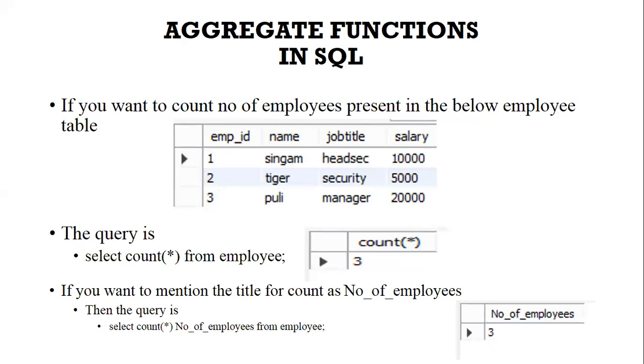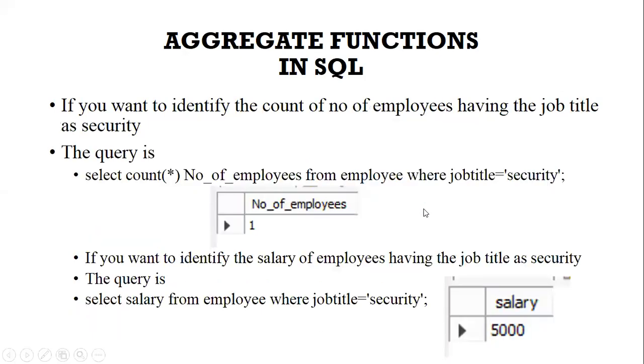The next example: if you want to identify the count of employees having the job title as security, we can use the following query: select count of asterisk as number of employees from employee where job title equal to security.